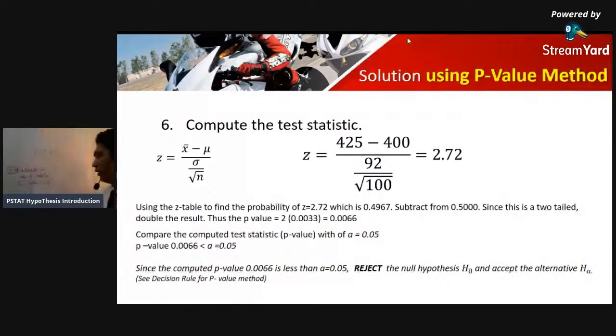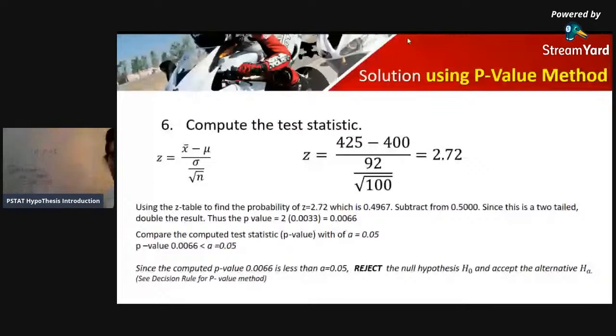This is the probability of 2.72, the area under the curve. We need to subtract this from 0.5000, because this probability is measured from the mean. That's why we are subtracting from 0.5000, from the center. So 0.5000 minus 0.4967.